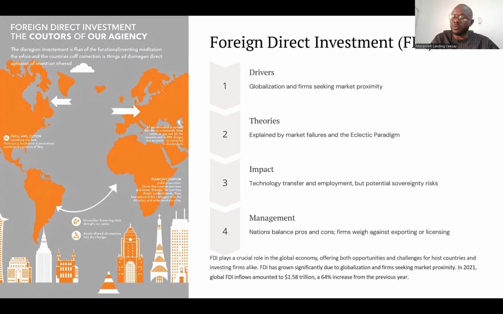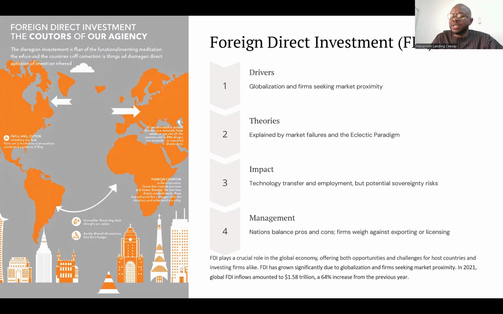But with all these many advantages, it has its downsides, and one of them is the risk to sovereignty, because when you have an enormous amount of foreign direct investment, when foreign firms have a strong foothold on your economy, most times when policies are being designed, they usually have a lot of influence on policy design, because you're cognizant of the fact that if they should withdraw their investment from your country, the country might suffer a lot, right?